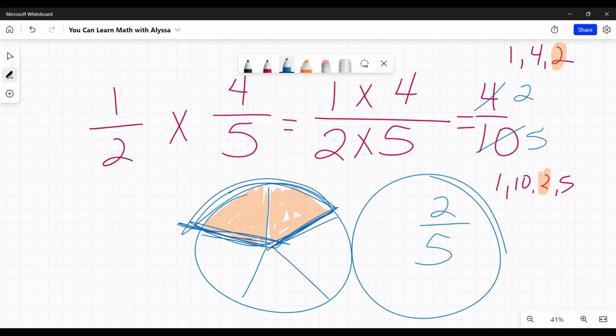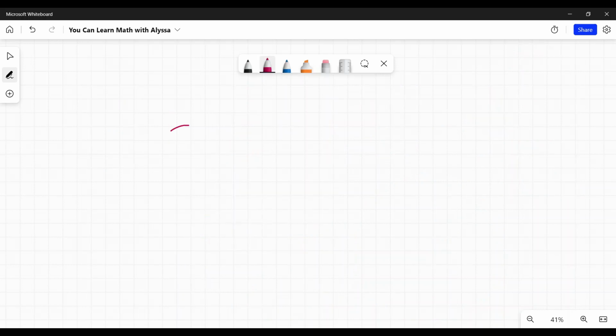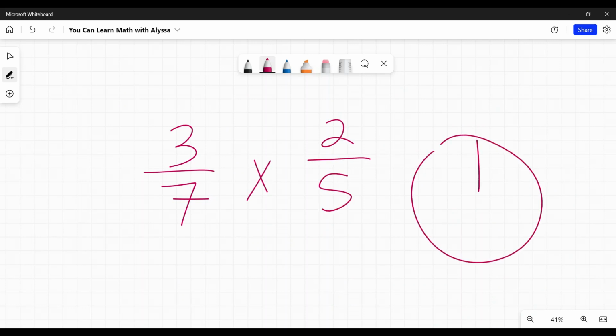That's what's happening here. It's literally saying, no matter what fractions we are multiplying, like if we are saying 3/7 times 2/5, it's saying if I had, why do I keep picking fifths? I can't draw fifths. I'm really bad at drawing fifths.